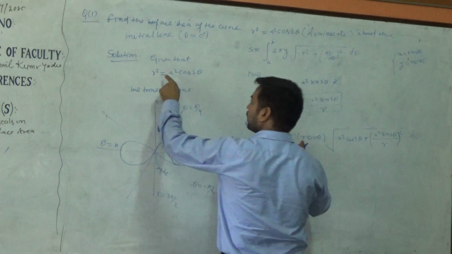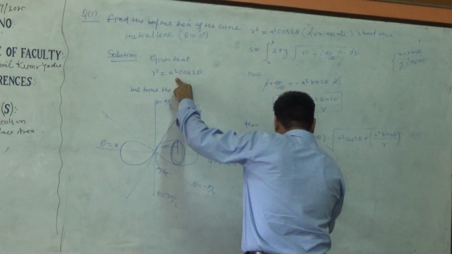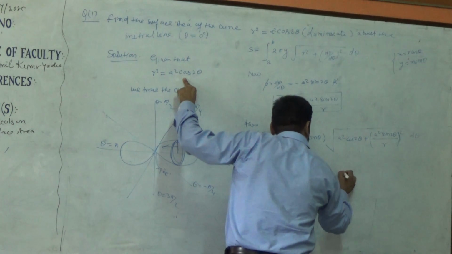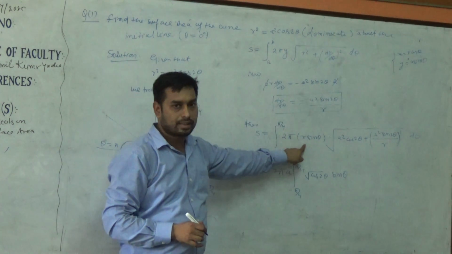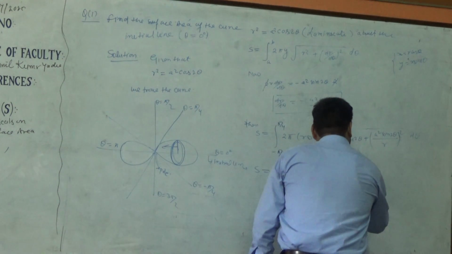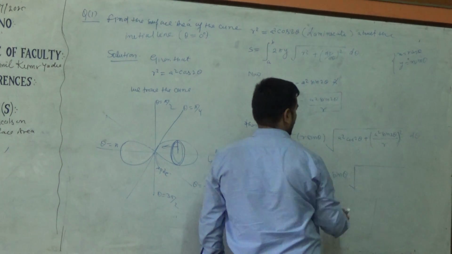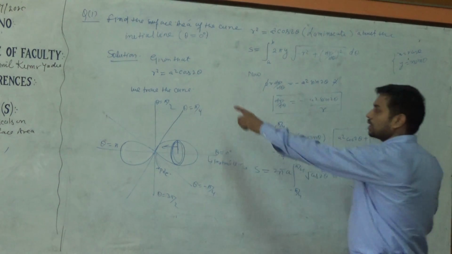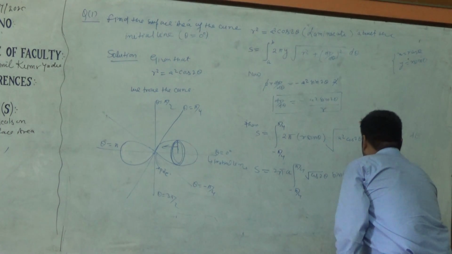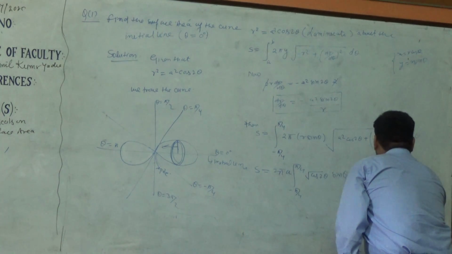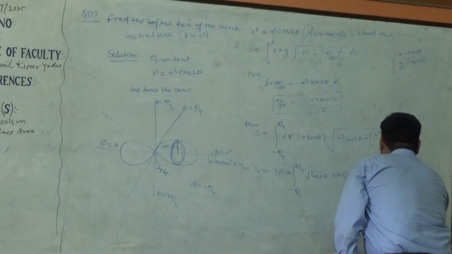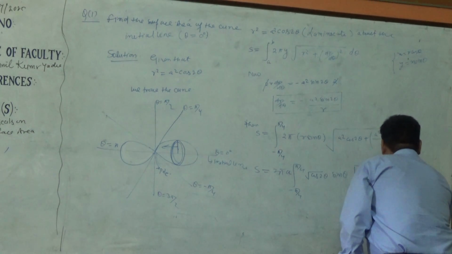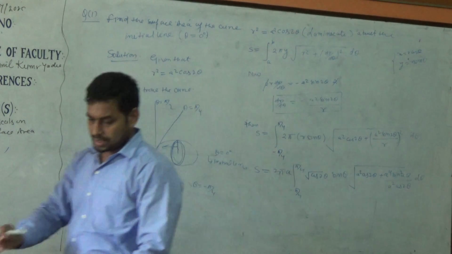Now we substitute the value of r, take a outside the integral sign, then this becomes under root cos 2 theta into sin theta, into under root a square cos 2 theta plus a square sin square 2 theta upon r square, where r square is a square cos 2 theta, d theta. Now we simplify this integral.